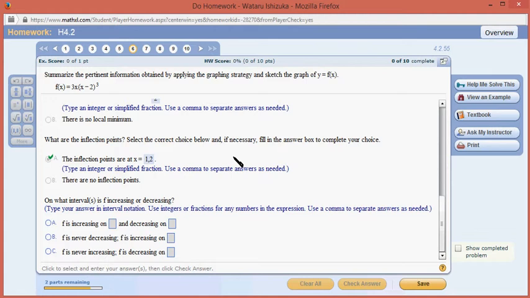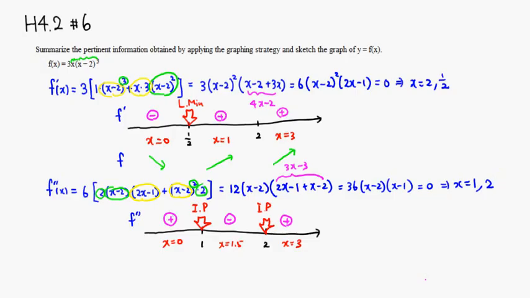Alright, on what interval is f increasing or decreasing? Let's go back and look at this. It's decreasing on the interval from negative infinity to 1/2.